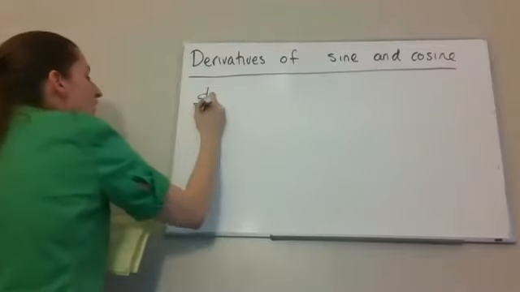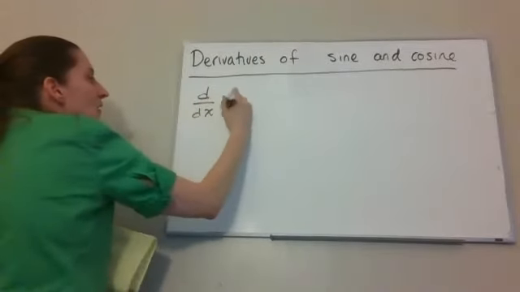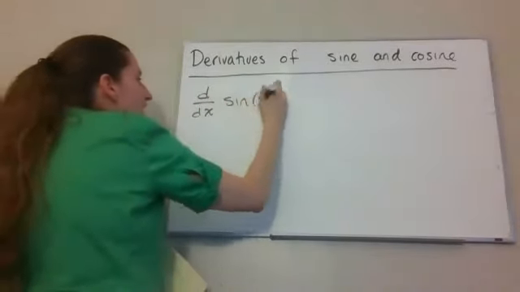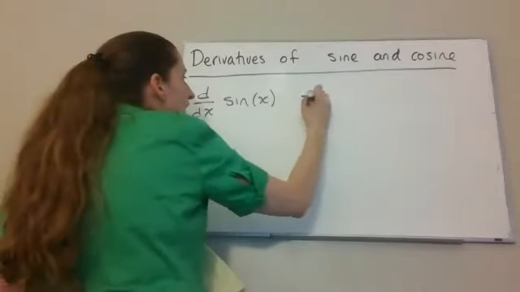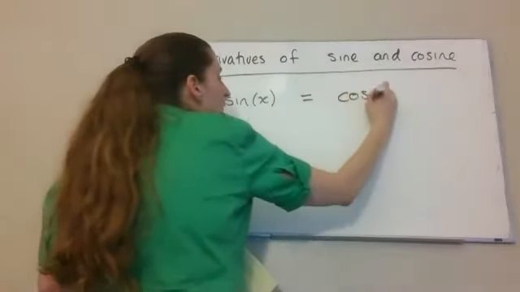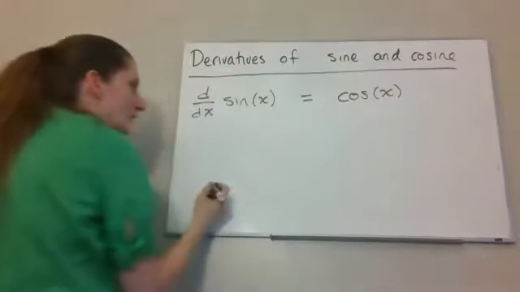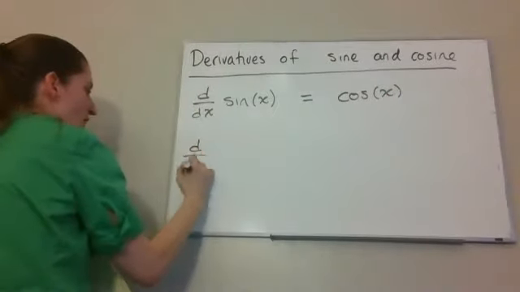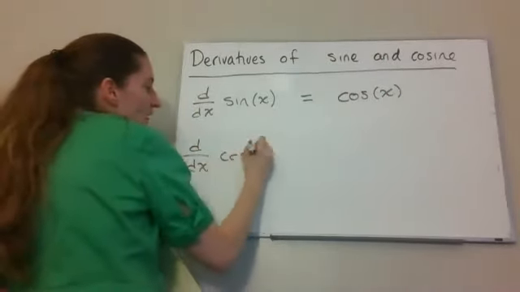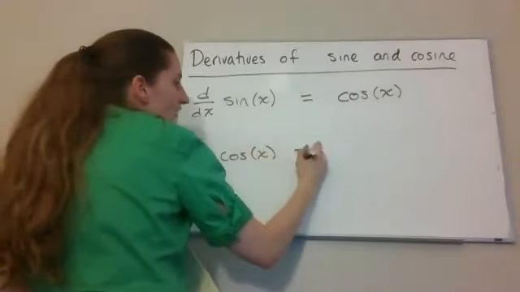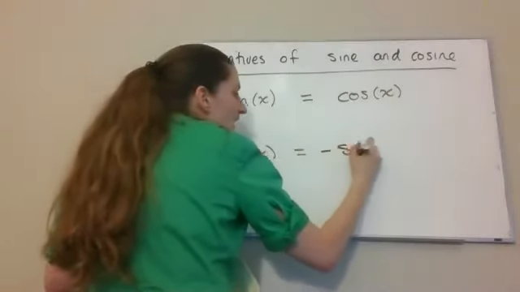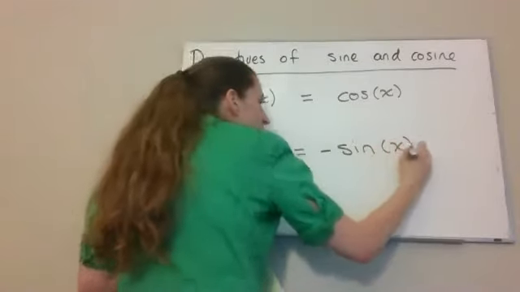So the derivative of sine of x is equal to cosine of x. And the derivative of cosine of x is equal to the negative sine of x.